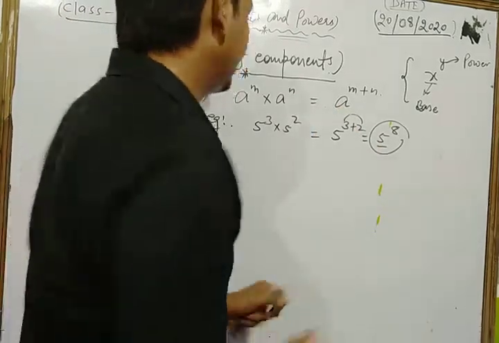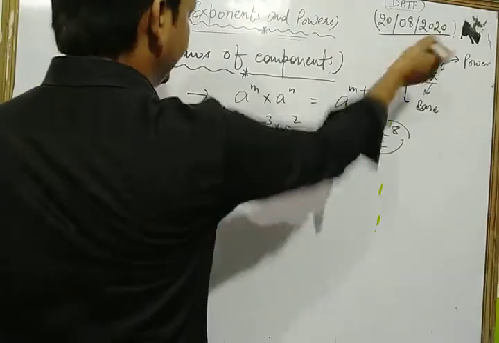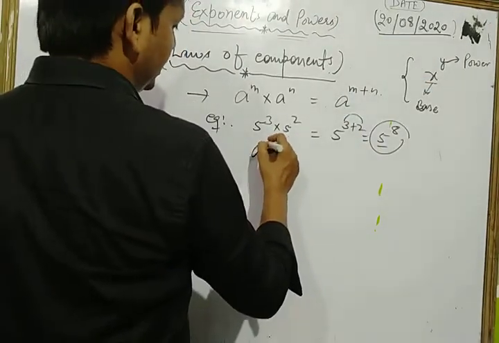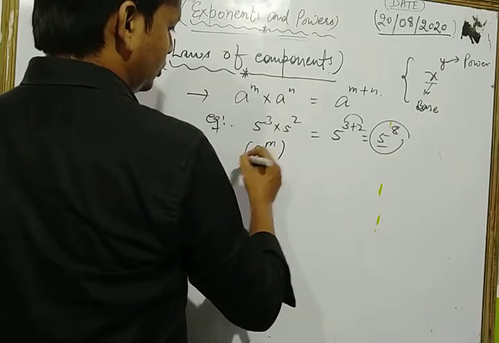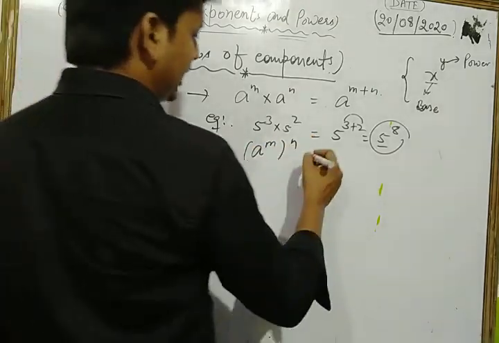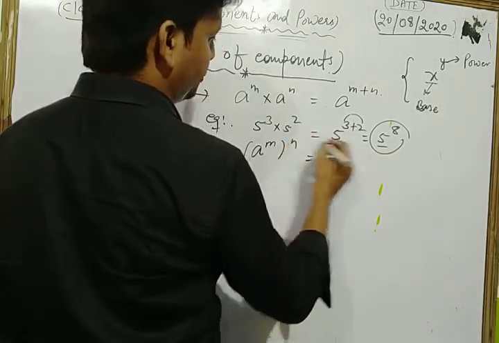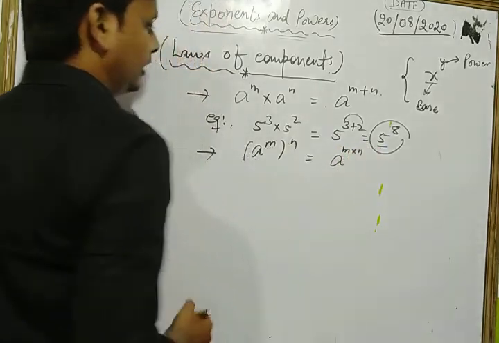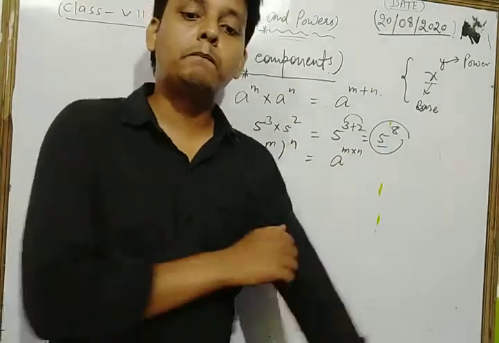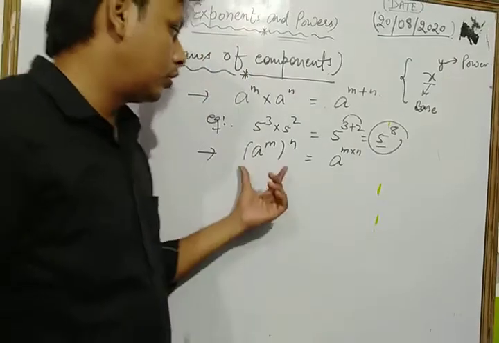Now we take some other law of exponents. Dear students, if a to the power m to the whole power n, then we write a to the power m into n. This is also a very important law of your syllabus.